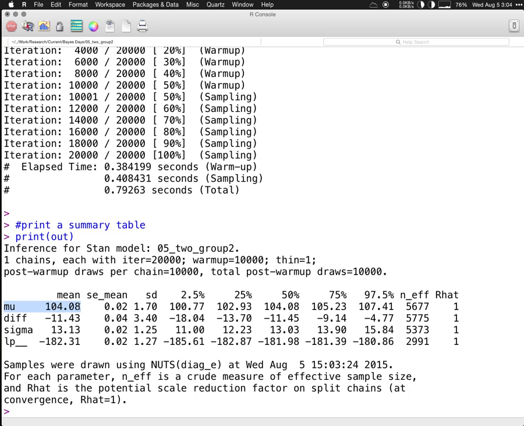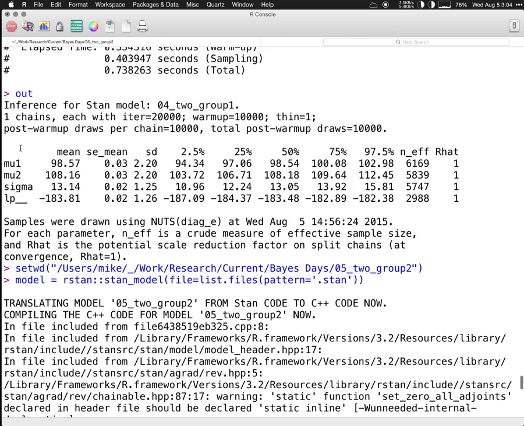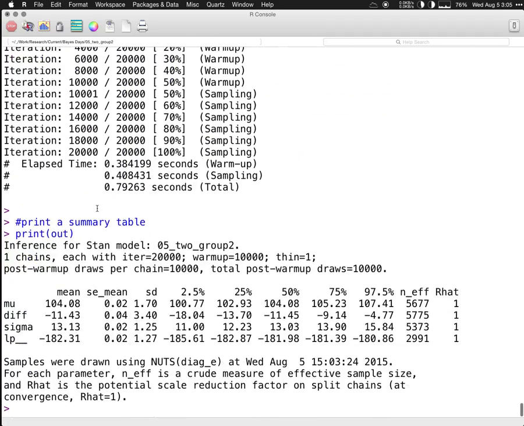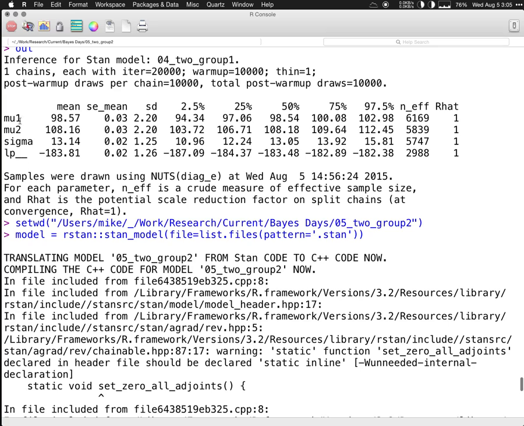Mu is like the intercept of the model. It's really a thing that we're not too interested in. Here we've got two distributions, and we're interested in their difference, so we kind of have to eyeball it. Whenever you have two things, two groups or two points, you have to use two numbers to describe them.